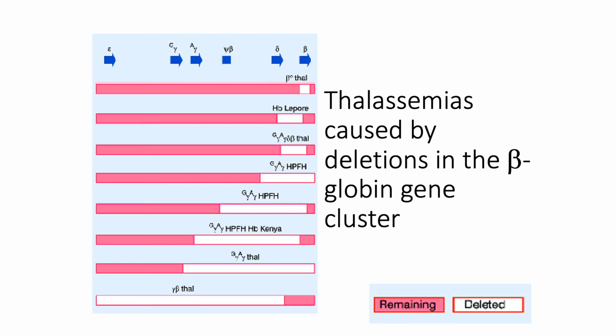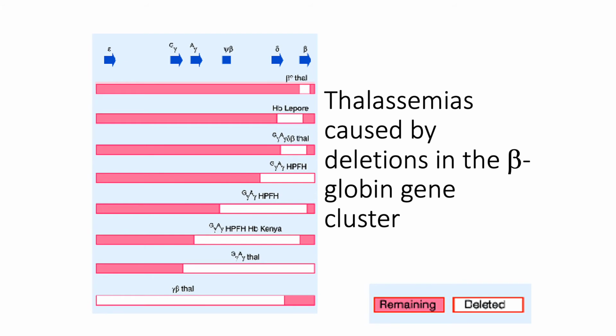The white part of the bar shows you different deletions that have been identified. And you can see that these are due to, again, deletions within one of the beta globin-like genes, or between one of the beta globin-like genes and another beta-like gene, presumably due to this unequal crossing over.